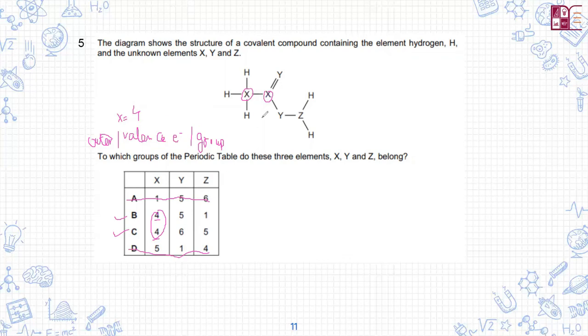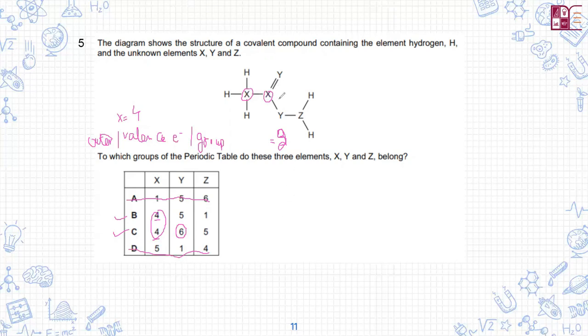Now coming to Y, it is sharing 1, 2 and then 3 here. Y is sharing 3 only, and Y is sharing only 2 pairs over here, and it is also sharing 2 pairs over here. That means it only needs 2 more electrons to complete its outermost configuration. That means it is going to be in group 6.